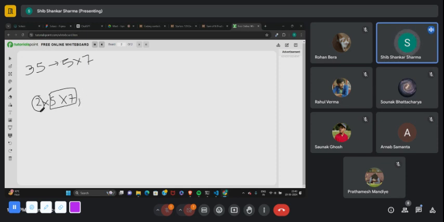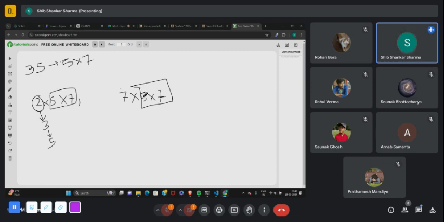Similarly, we can change this 2 with 3 and then with 5. But let us say the next prime number that we encounter is 7, so 7 into 5 into 7. Will we be able to say that in this case as well we have 35 as the required value? No, right?